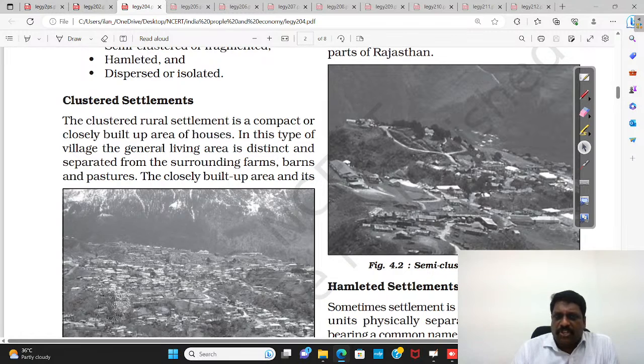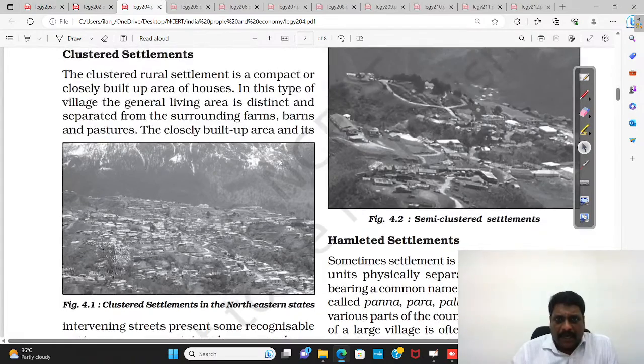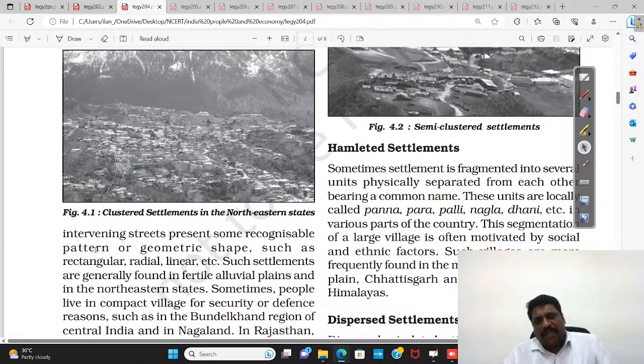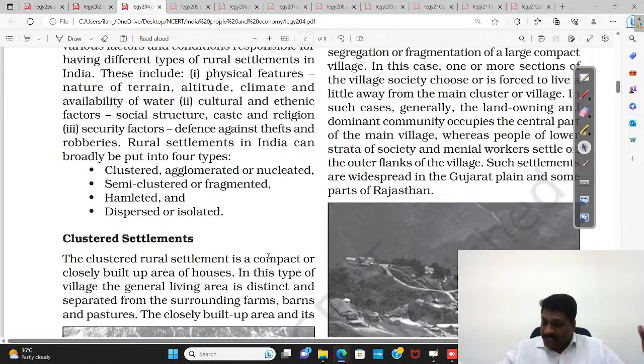In this type of village, the living area is distinct and separated from the surrounding farms. Its intervening streets present some recognizable pattern or geographical shape. Make it very simple.